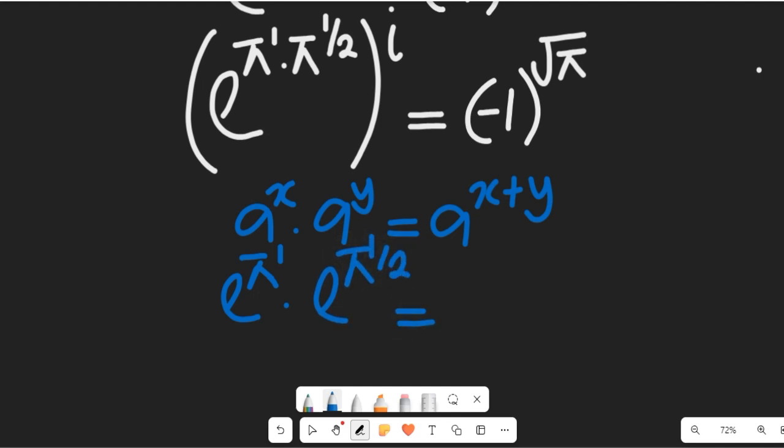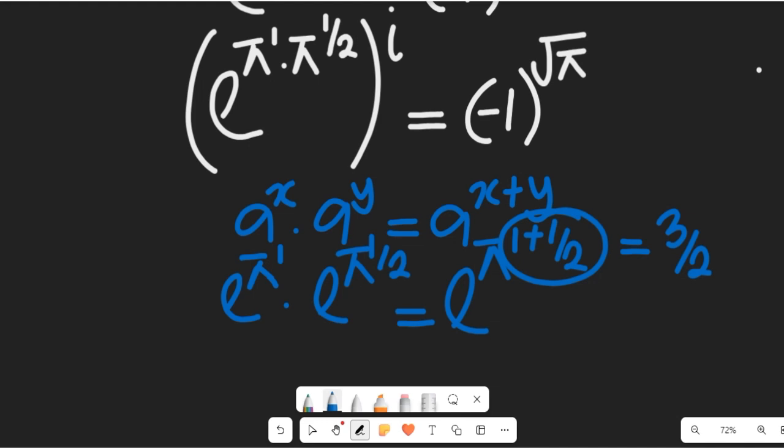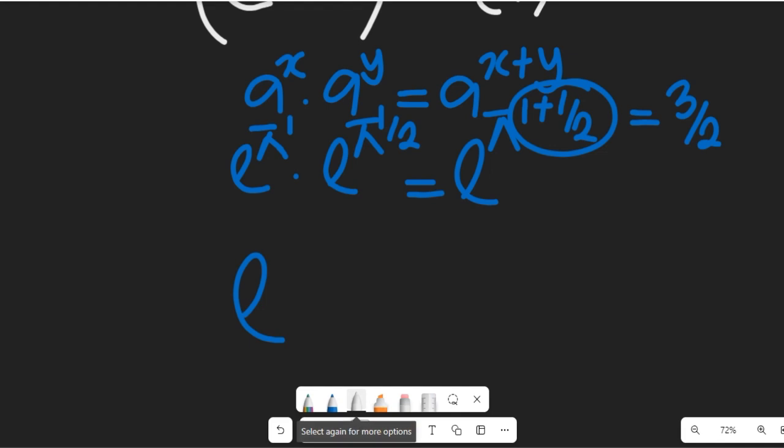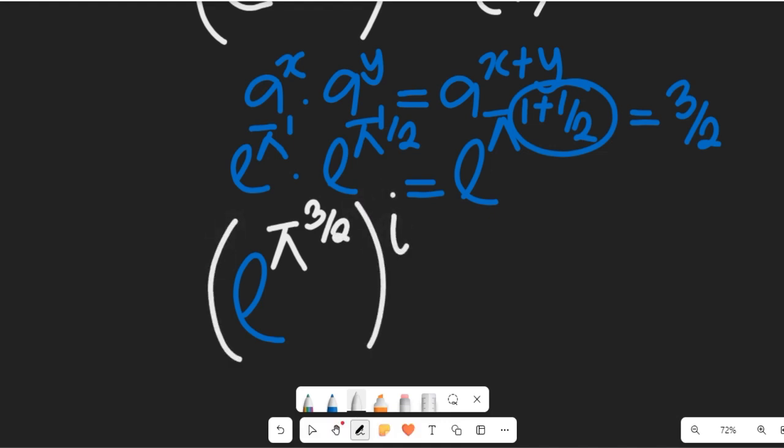That will give me the exponent power value of pi, 1 plus what? Half. And this 1 plus half can simply be equal to 3 divided by 2. So that expression will automatically give me the exponent value of pi to the power of 3 divided by 2, right? All to the power of i, and this is still equal to my negative 1 to the power of the square root of pi, right? Good.